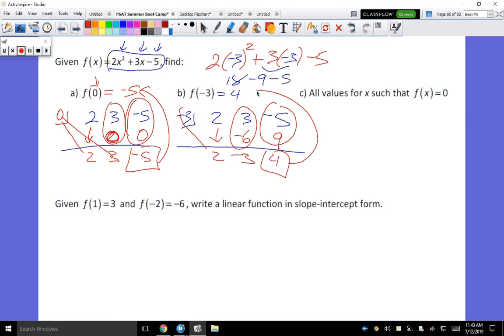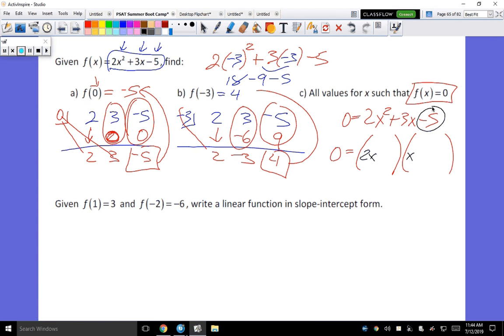So all values of x such that f of x is equal to 0. What is that asking for? To factor it. We're going to set this equal to 0 and solve. They will first multiply to get 2x squared. What should they be? 2x and x.